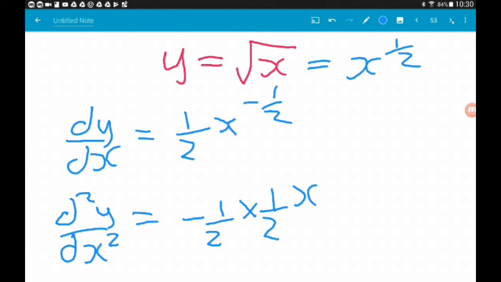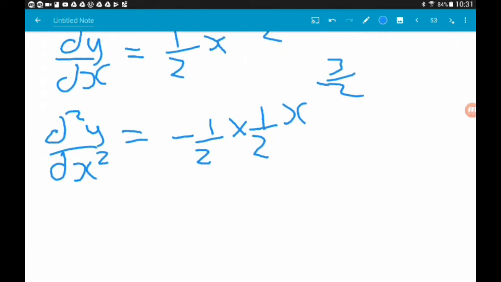Now what's our power going to be? So minus 1/2 goes down again by a whole 1. Now 1 is 2 halves. So our power is going to be minus 1/2 minus 2 halves. So it's going to go down to minus 3 halves.